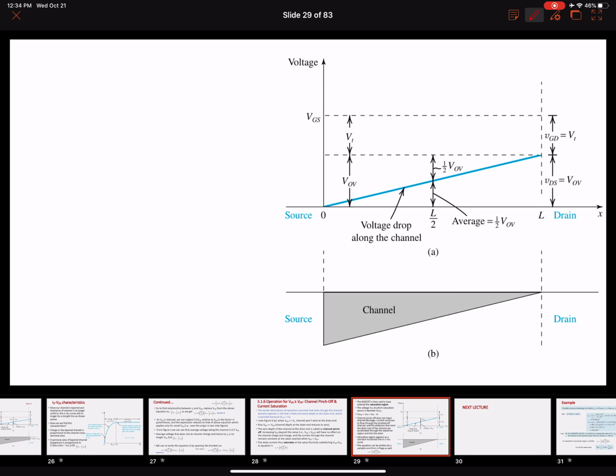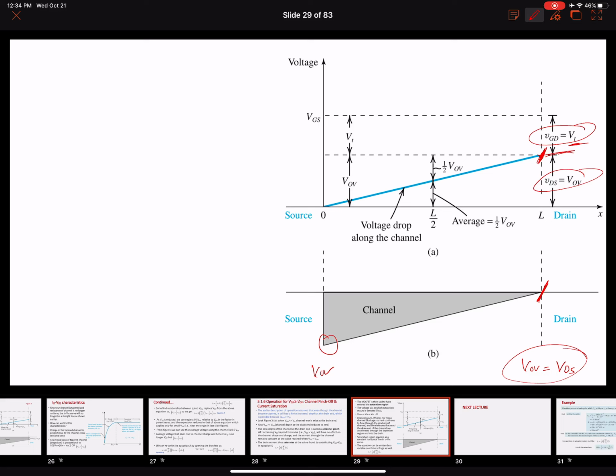And this is what we just talked about in detail. Now at the drain end, we have a VOV. At the source end, we have a VOV. At the drain end, our VOV becomes equal to VDS. That is why it's pinched off, right? And this line also reaches this point where our gate to drain voltage becomes equal just to the threshold voltage, and our VDS becomes equal to the VOV.